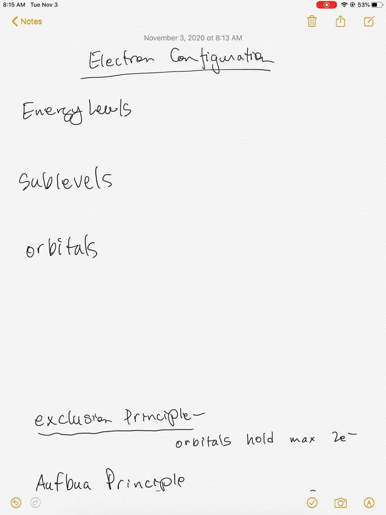Electrons will occupy energy levels. That's the main area where they occupy, kind of like you live in a country. Now that's not the only place where you live, but that's my analogy here. Energy levels are indicated by n equals 1, n equals 2, n equals 3, etc., up to n equals 7.